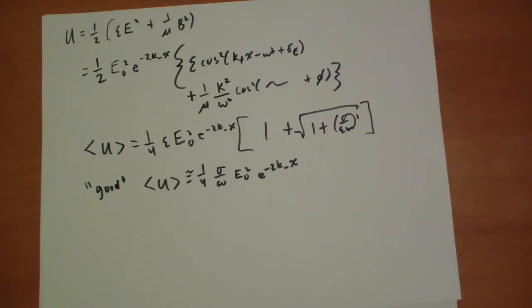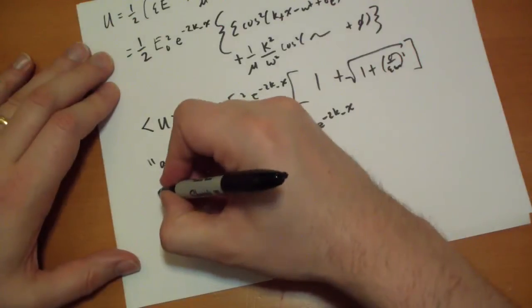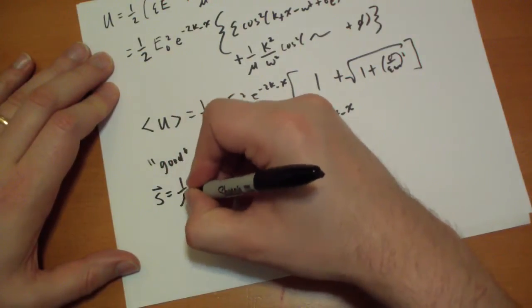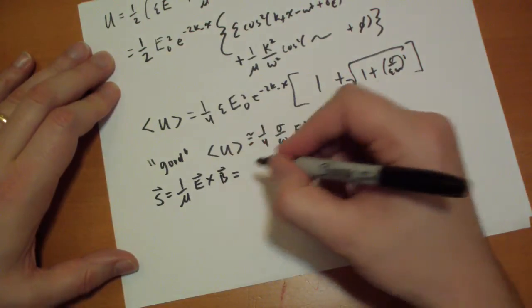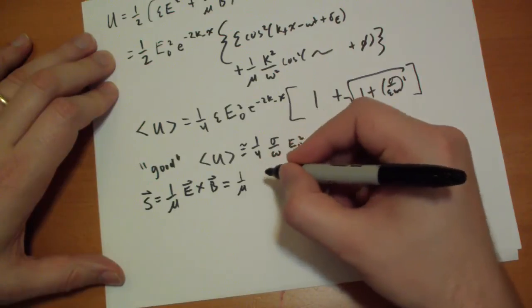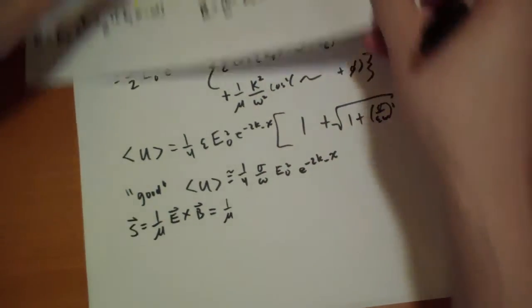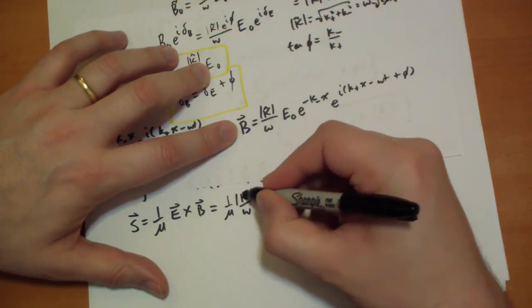The energy flux is given by the Poynting vector. So S vector is equal to 1 over μ E vector cross B vector. Well, what's that E vector cross B vector? We're going to have that 1 over μ term. We're going to have the contribution due to the B field, so we're going to have κ over ω.